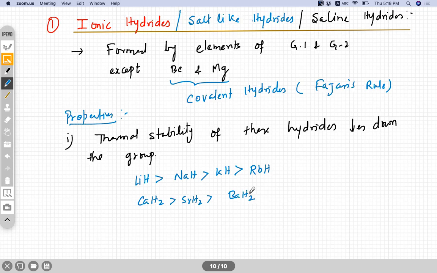Next point to write down, the density of these hydrides is higher than that of the metal from which it is formed, because hydrogen gets inserted into the pores, so mass increases and hence density increases.